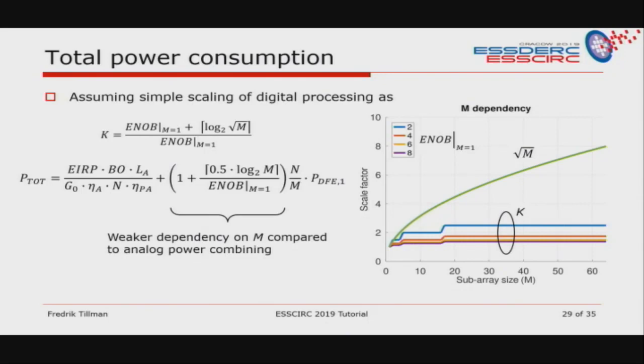And if we assume that we have a multiply accumulate kind of structure in the digital front end, we can derive a K factor that is proportional to the ENOB we need for one branch plus the log 2 square root of M, divided by the ENOB for one branch, and that will be our K, the scaling factor of this power consumption.